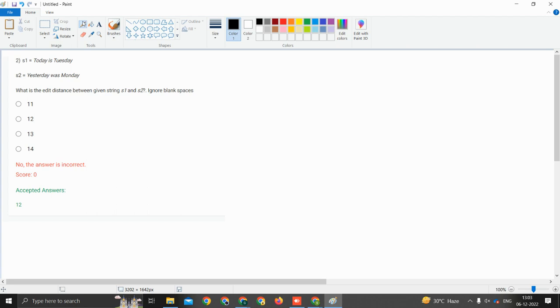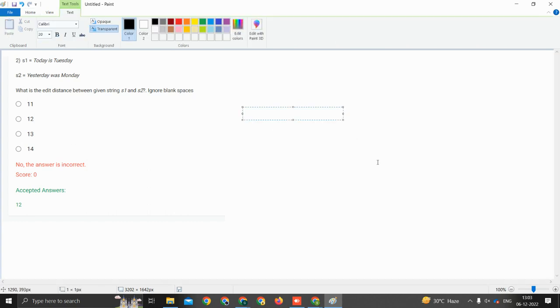Not exactly, but I do it like this. Whichever alphabet is not present, we add it, and whichever is extra, we remove it.